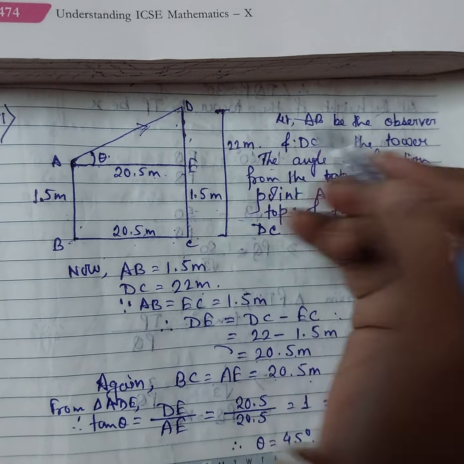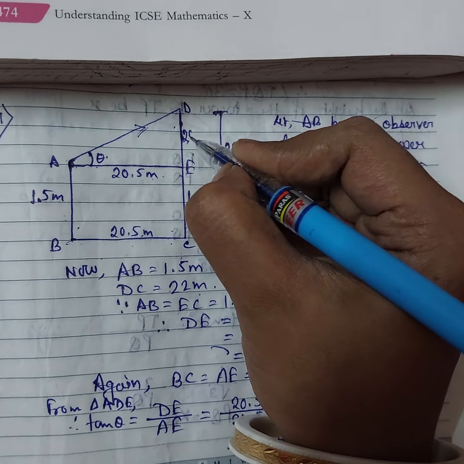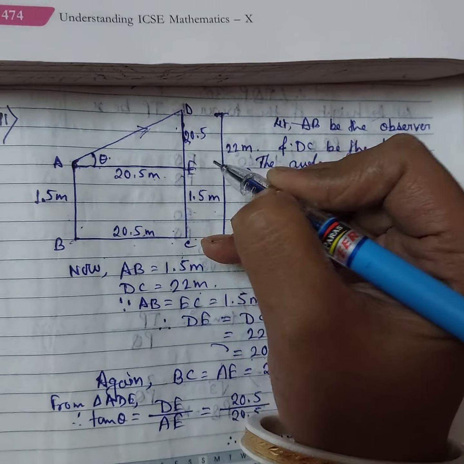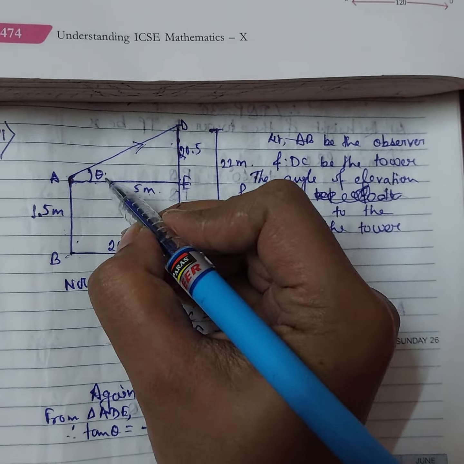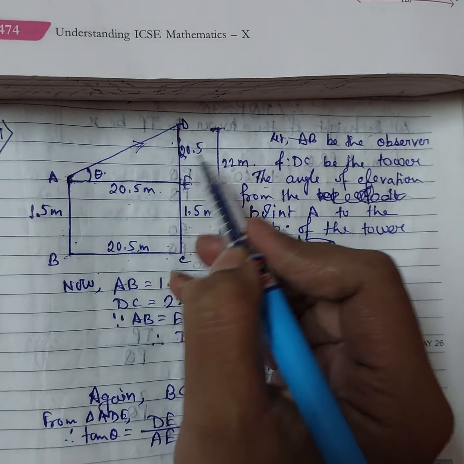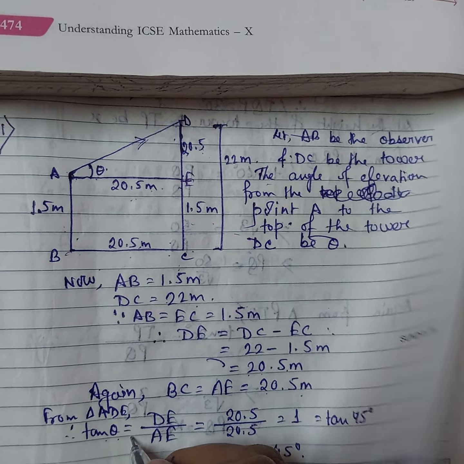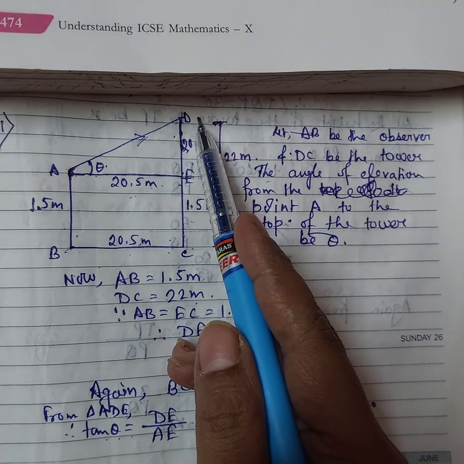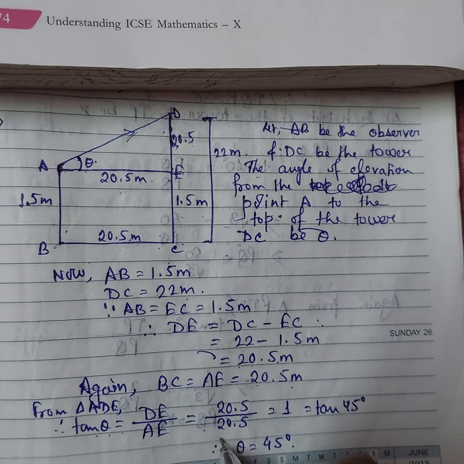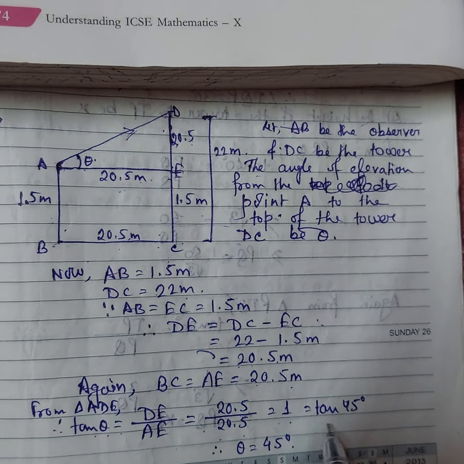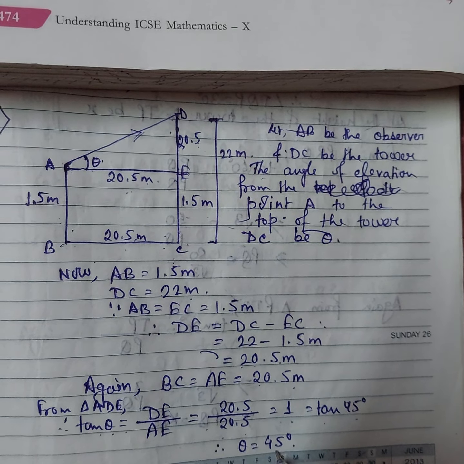The perpendicular is also known, it is 20.5. So both are known, so you can take tan theta equal to DE by AE, that is 20.5 by 20.5, that is equal to 1, that means tan 45 degree. So the value of theta will be 45.